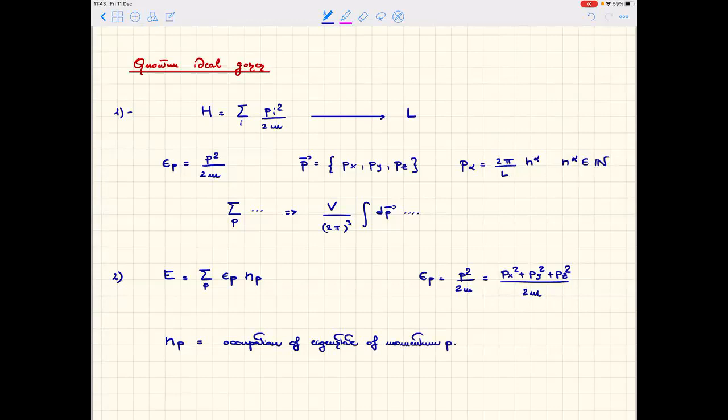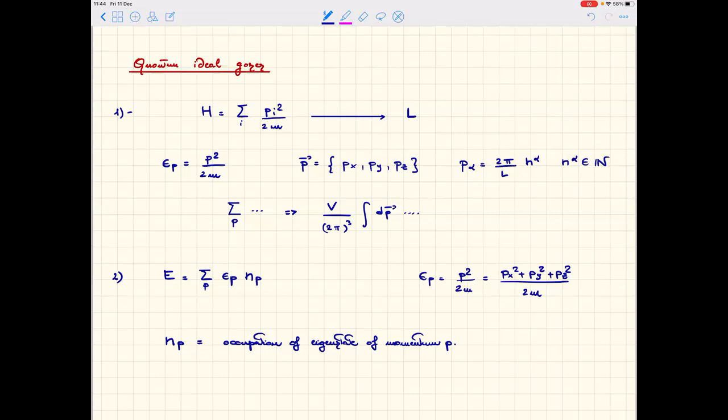Now, what happens is the following: if you have a gas of many quantum mechanical free particles, then you all know that it's important to keep track of their indistinguishability. And in particular, indistinguishability determines the properties under exchange of coordinates of the wave functions.